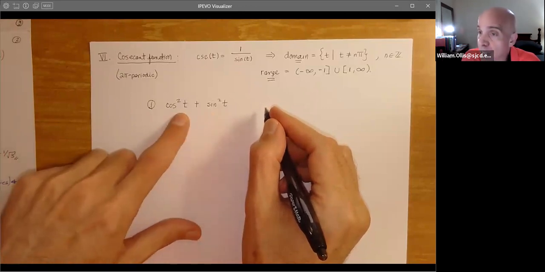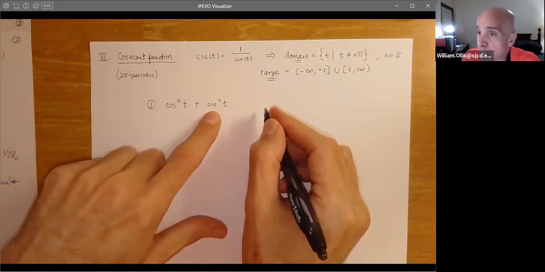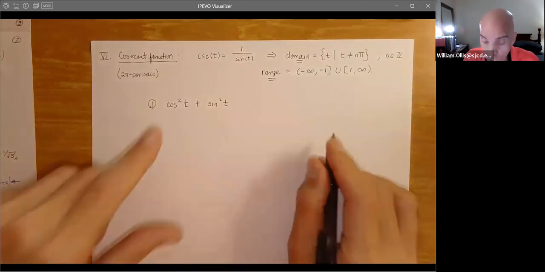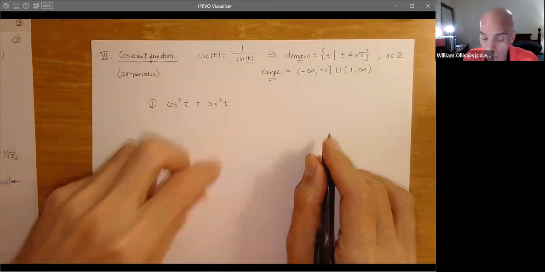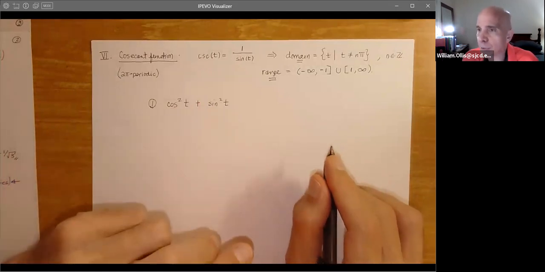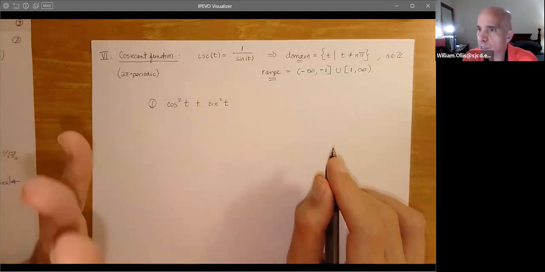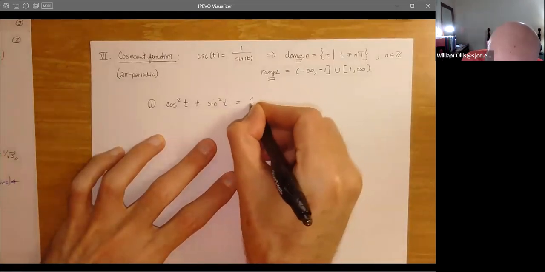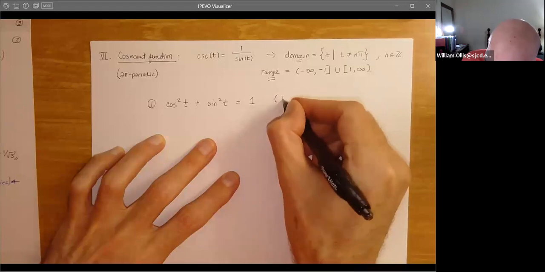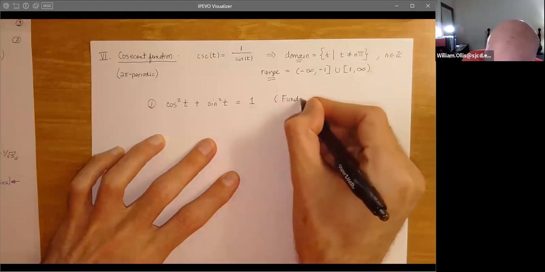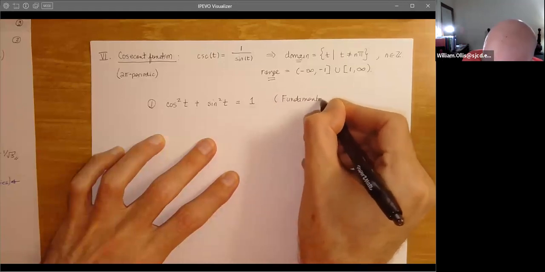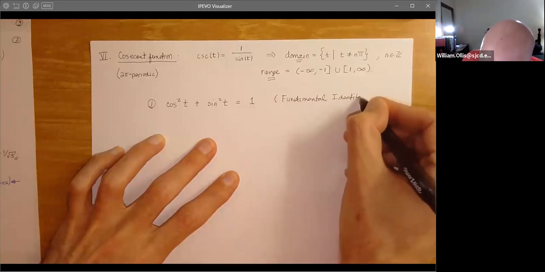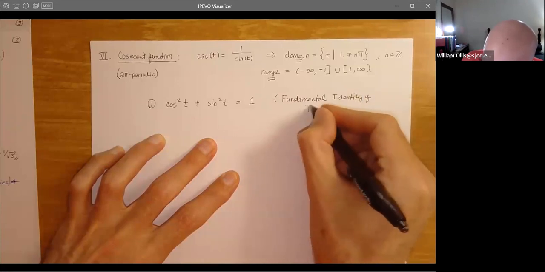That is cosine of t squared plus sine of t squared. So to shorten that, we'll just usually say cosine squared sine squared. Any input will still give us a 1. And this is what we call the fundamental identity of trigonometry.